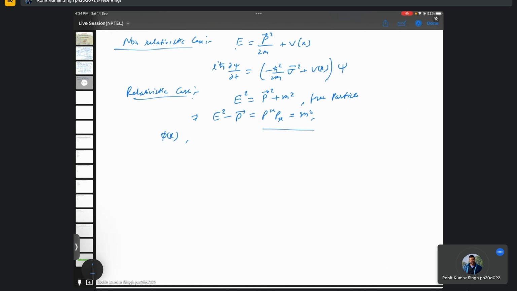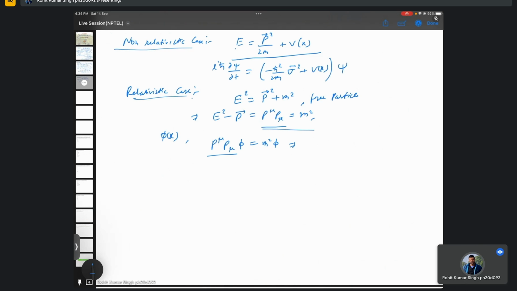Then, like we did in the non-relativistic case, we promote the momentum to an operator, a Hermitian operator, and write the equation like this. So now the momentum here is, we are talking in terms of quantum mechanics, so the four-momentum is a four-momentum Hermitian operator.